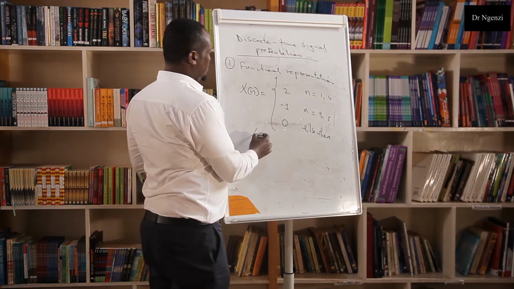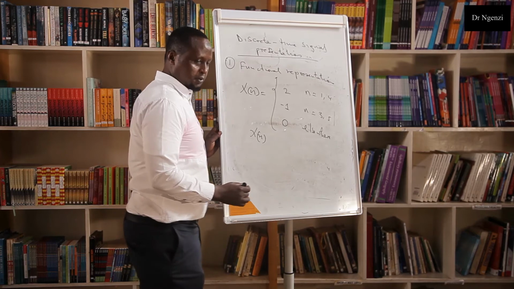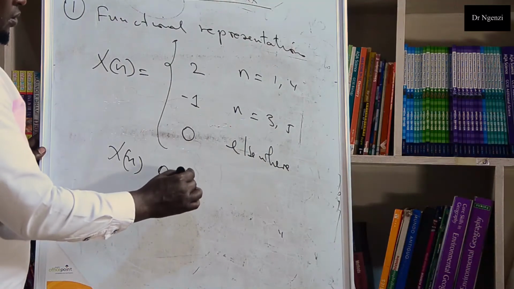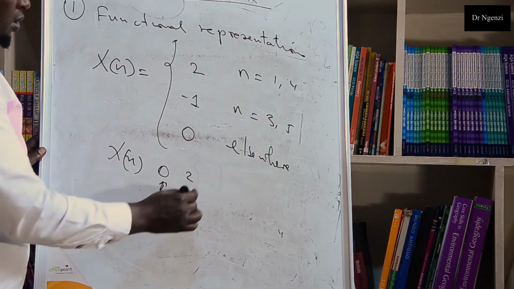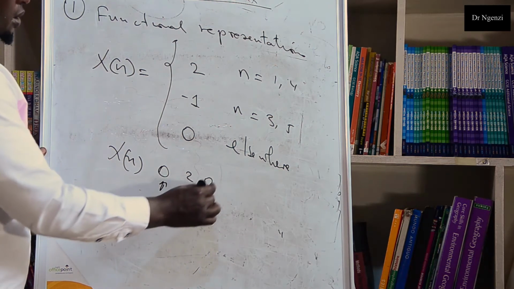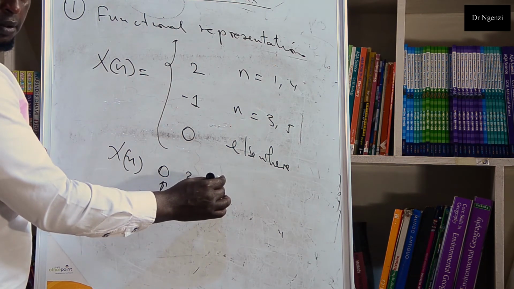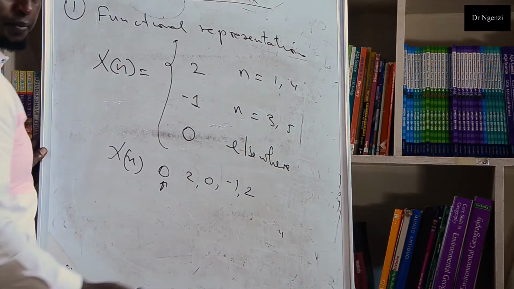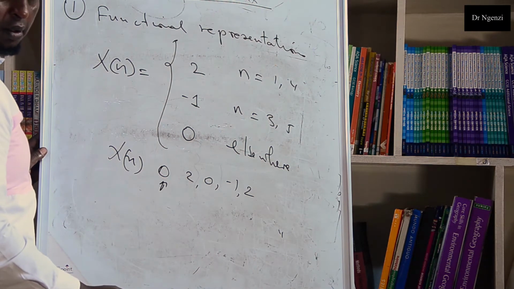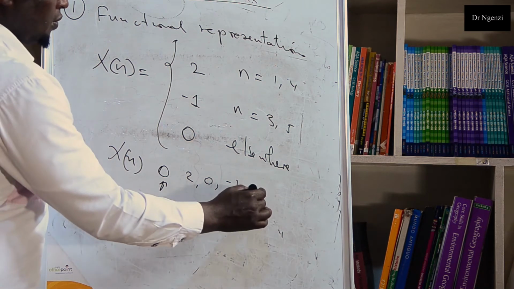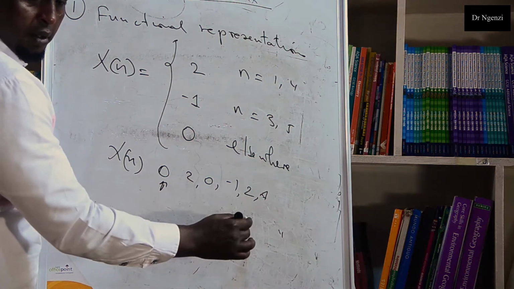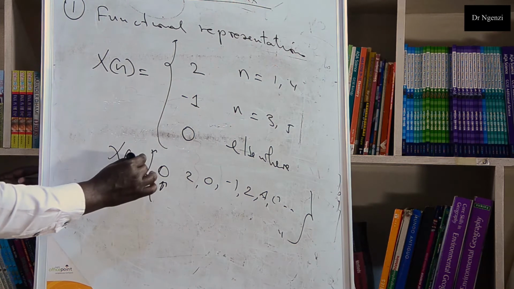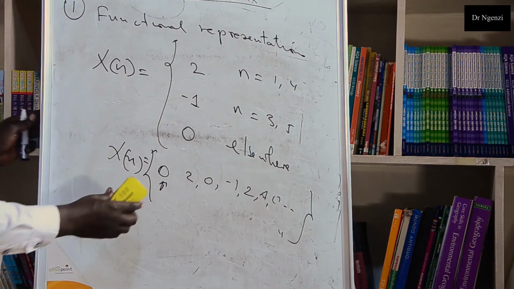For example, the output can be x of n, starting from 0, of course, and 2, 0, then 1, 2, 1, and 0, and so on. It goes on repeating like that.